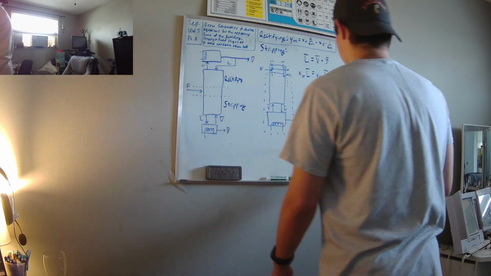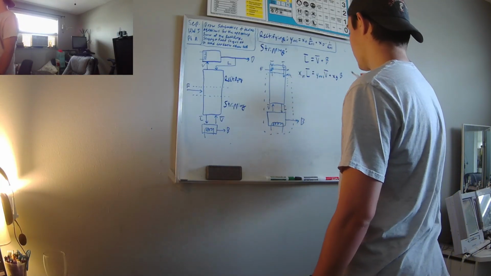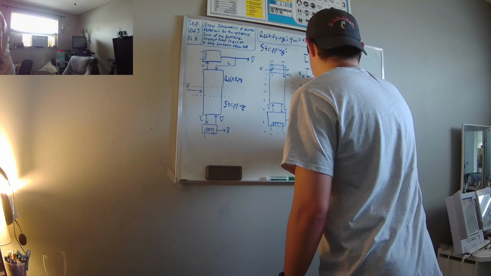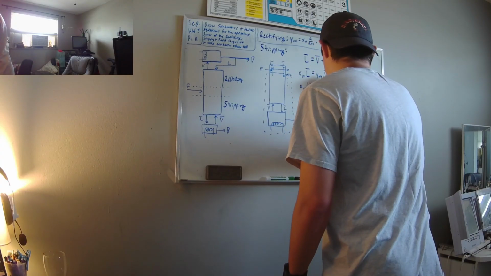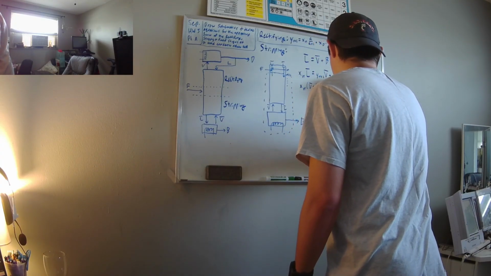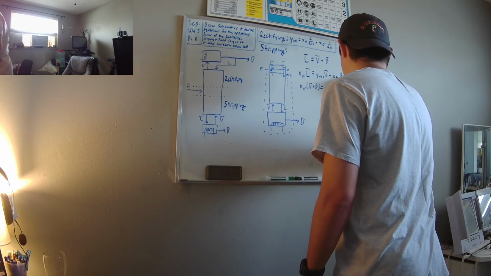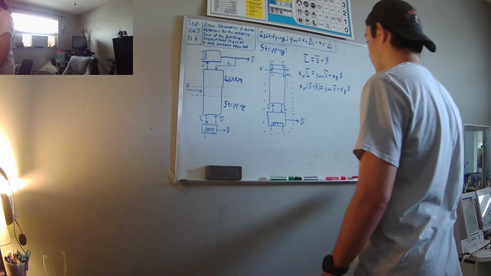So again, as we did previously, I'm going to plug in our first equation into our second equation. We're going to get that our xn times V bar plus B is going to equal yn plus 1 times V bar plus xb times our bottom slope.